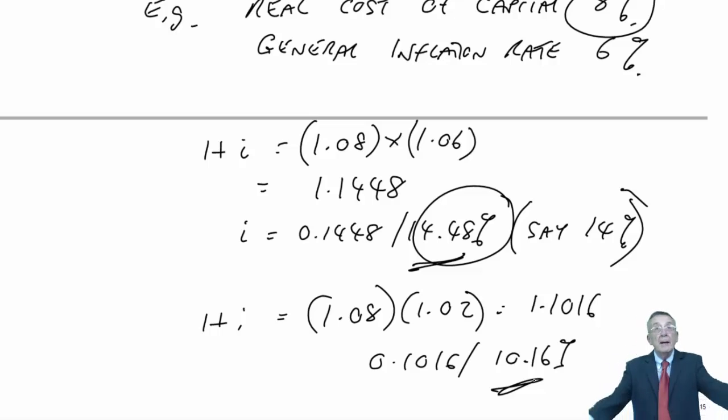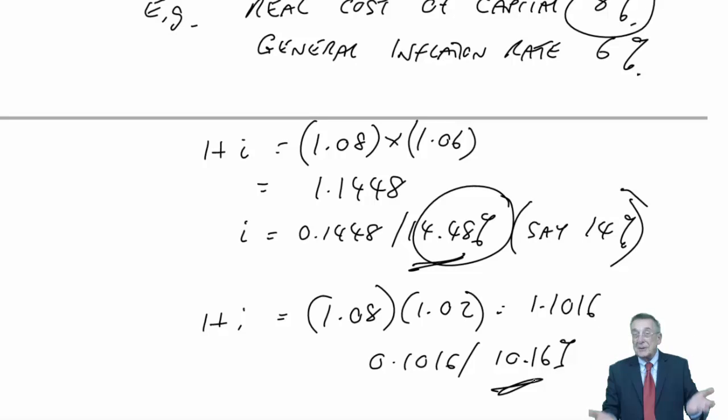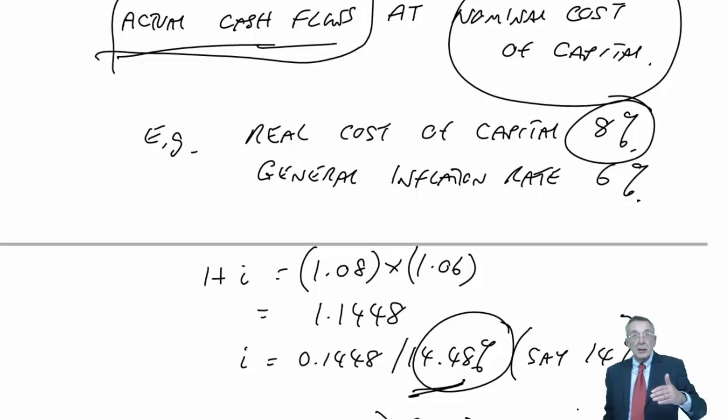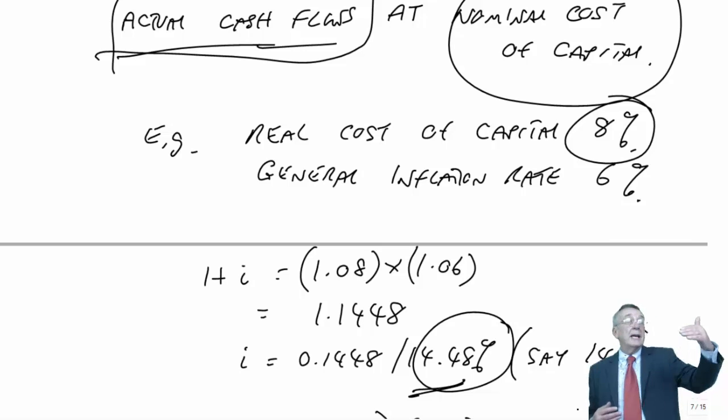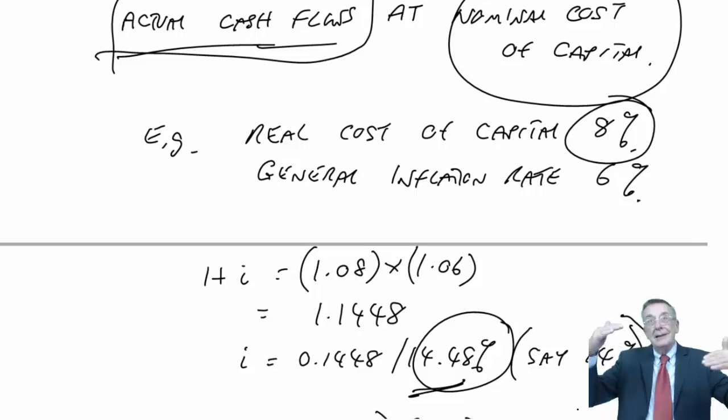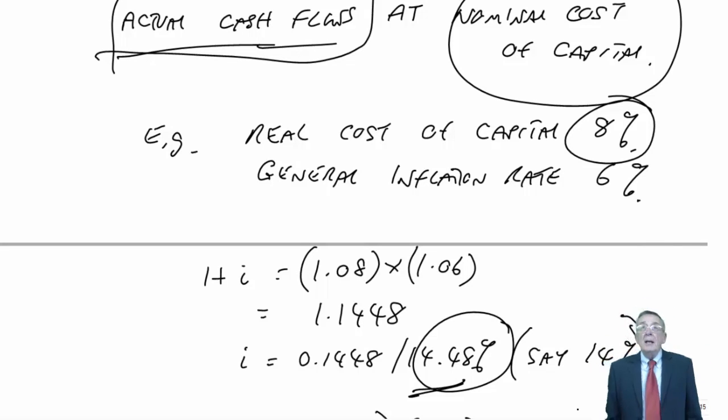We're saying that in theory, cost of capital, interest and inflation rates go up and down together, and therefore if we discount the flows without inflation, the current price flows, at the cost of capital without inflation, the real cost of capital, then it doesn't matter what the inflation is. If there's higher inflation, you have higher cash flows, but you have a higher cost of capital. They sort of cancel out. That's the theory behind it.